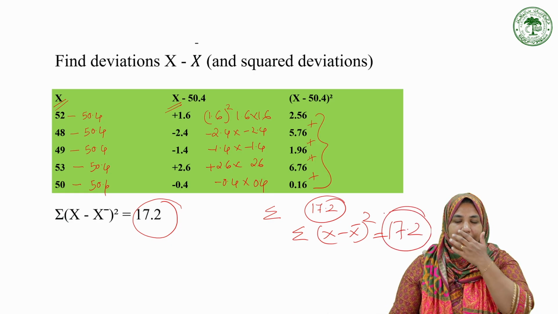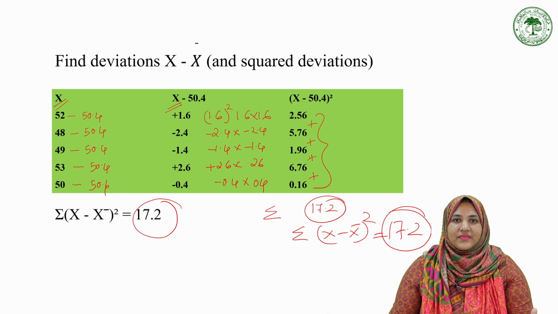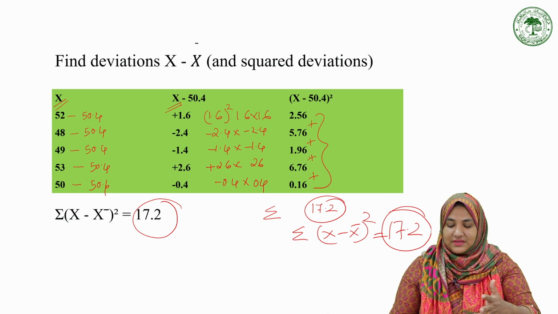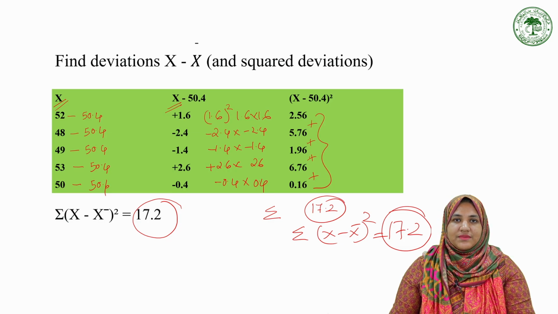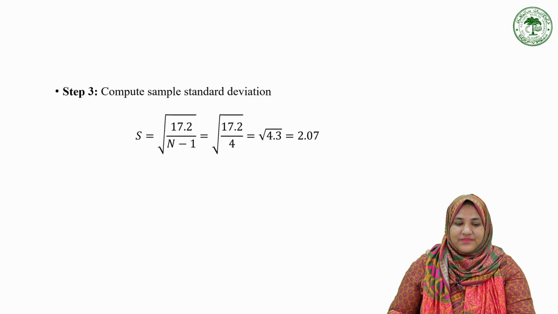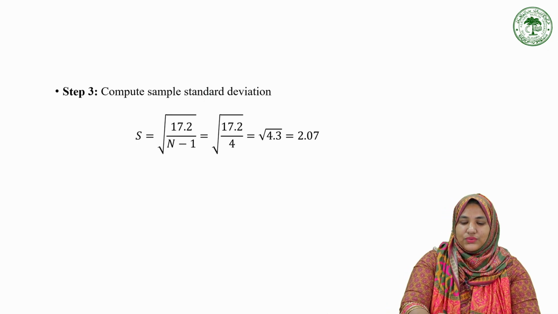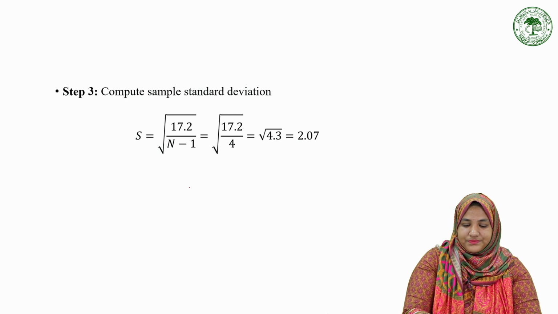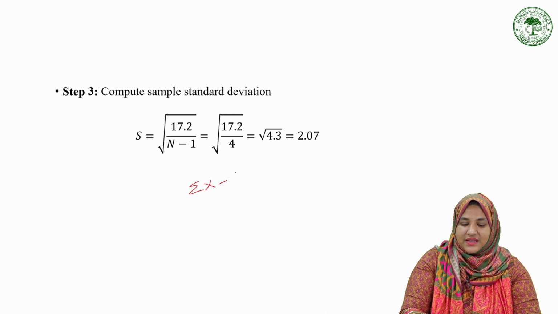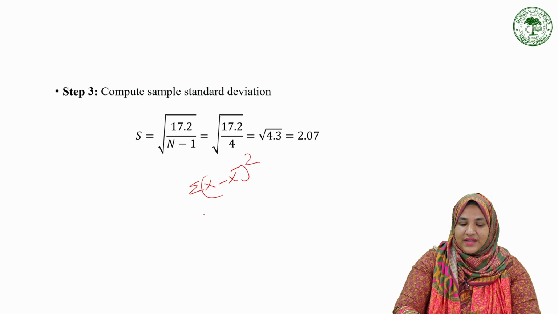So now we have the mean value, the expected mean value, and also sigma (x minus x bar) the whole square, that is the squared deviation value. Now we are going to calculate the standard deviation. What is the formula? S is equal to root of sigma (x minus x bar) the whole square divided by (n minus 1).